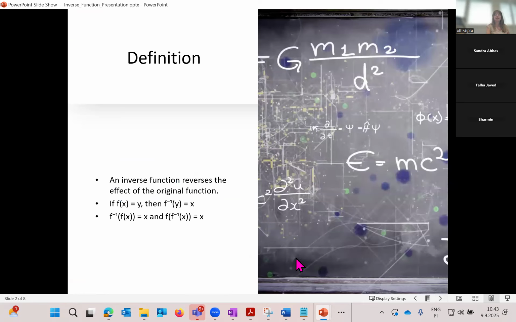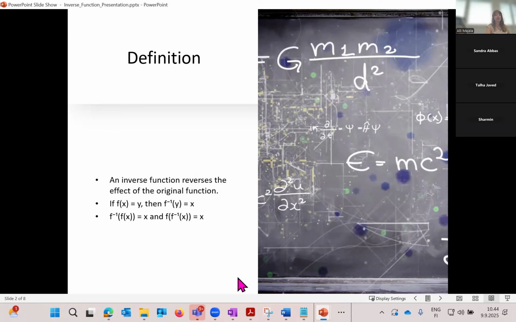So if f(x) is y, then the inverse function, which is marked like this, like the reciprocal, but it's not the reciprocal, with y, you get the x. And if you take an inverse of this, you get the x. And also the other way around.